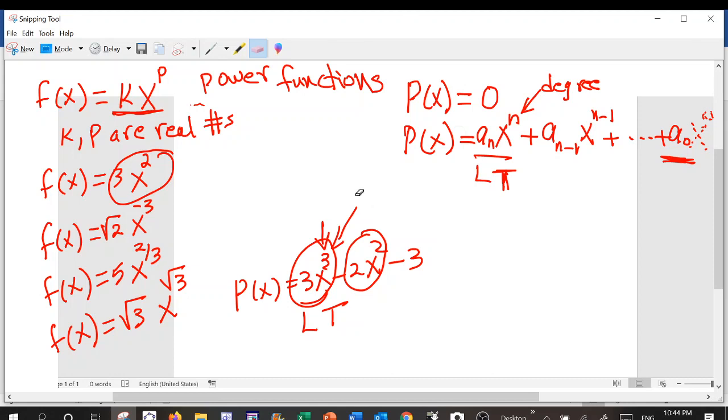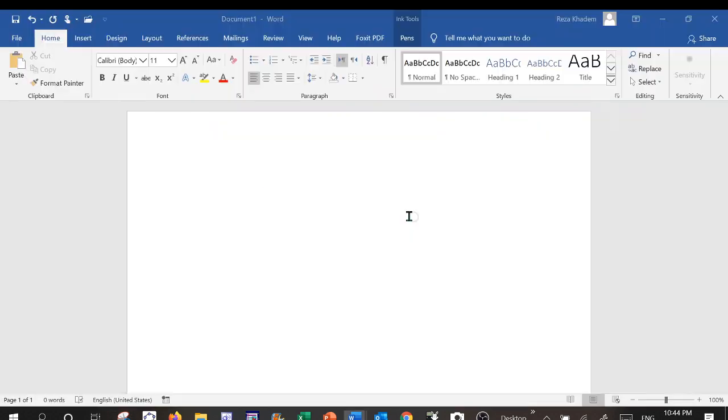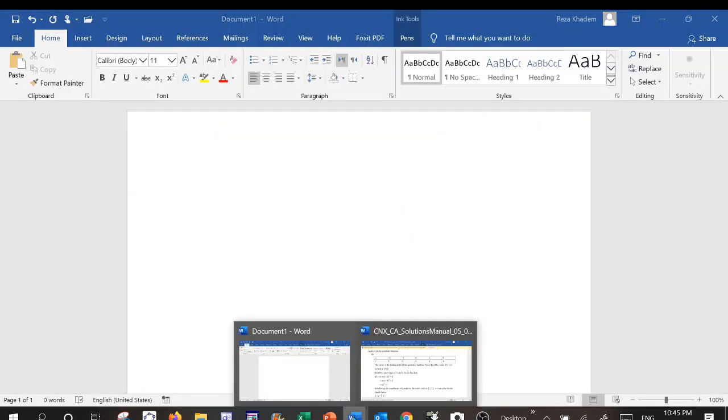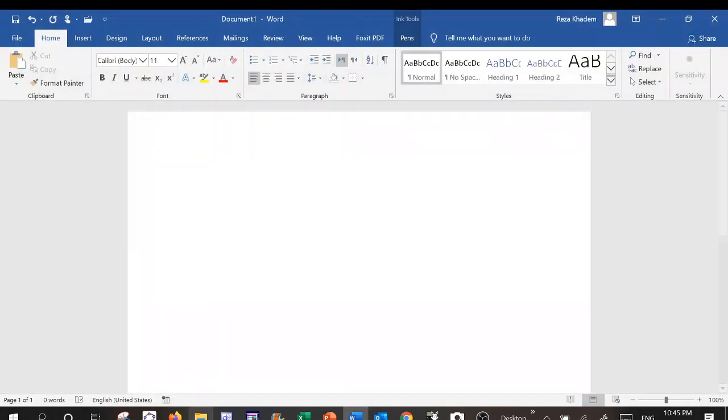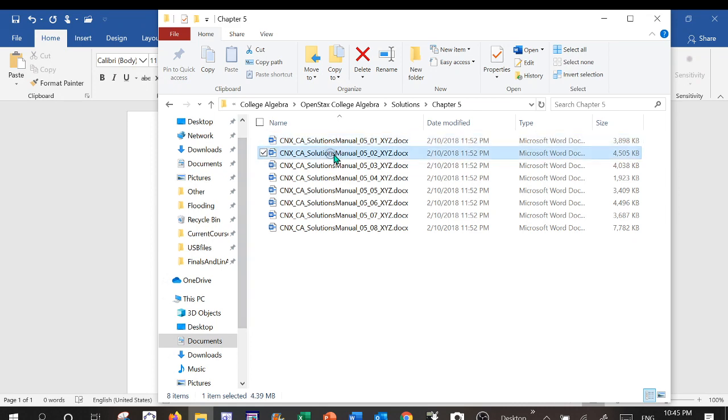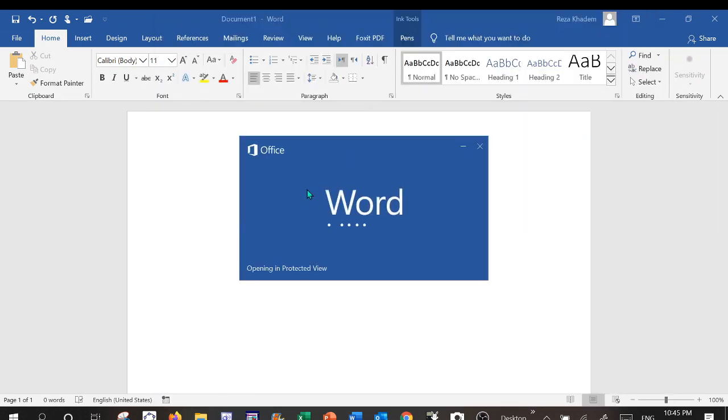So those are polynomials and power functions. So let's do some examples first before we do some more concepts. So we're going to go to the second section and do some problems from that section.